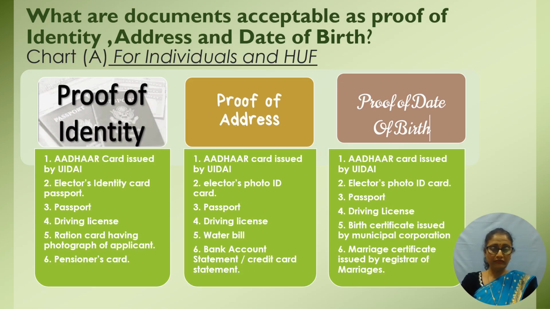As proof of address, the same documents, or a water bill or your bank account statement. For proof of date of birth, you can give your Aadhaar number, voter ID card, driving license, or your matriculation certificate.